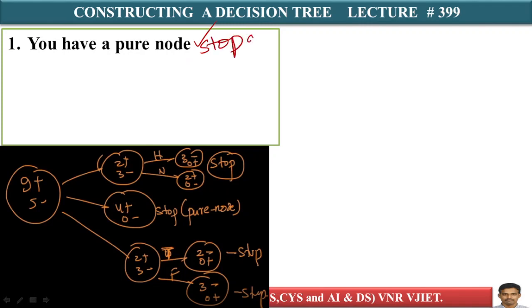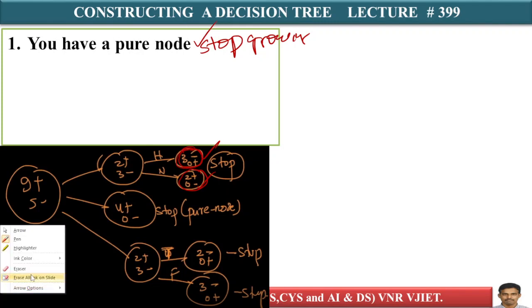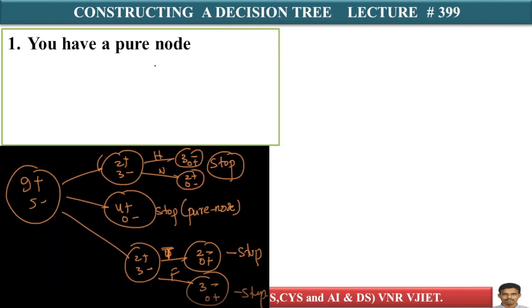Just see this simple example. For example, this is a pure node. Why? Because 3 negative, 0 positive means here you have only negative points. I stopped it. Here 2 positive, 0 negative means only positive points. In that case, I must stop. That is the procedure: if you have a pure node, stop growing the tree.